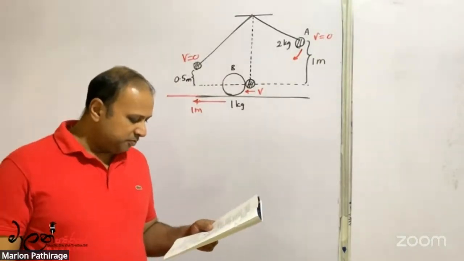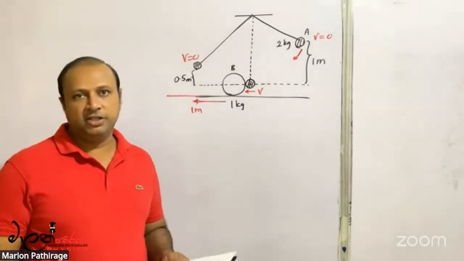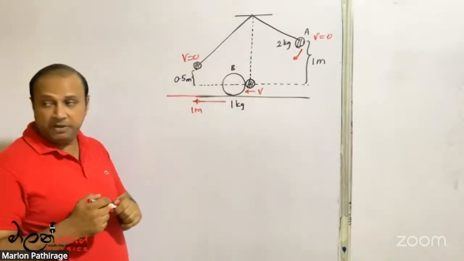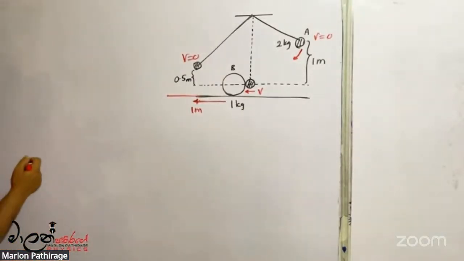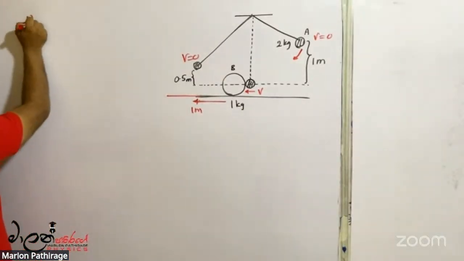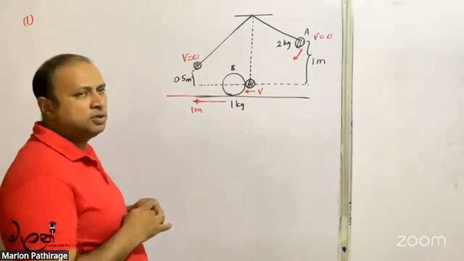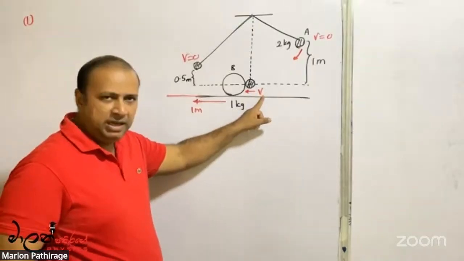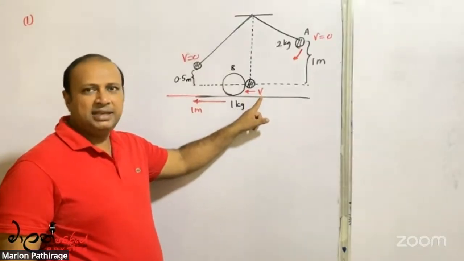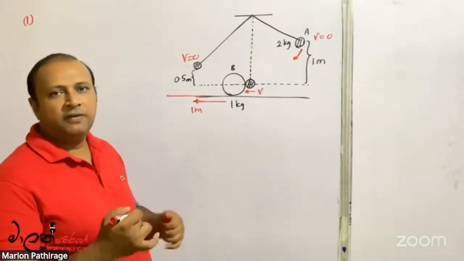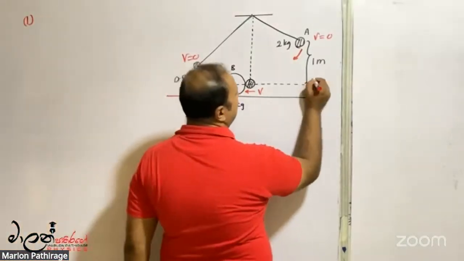Calculate the speed of A just before collision. Just before collision, you need to calculate this velocity, that means vA. So to calculate v, now it is very easy. As I mentioned earlier, you can use conservation of energy.